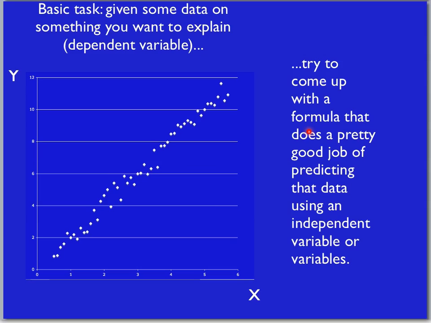So for instance, suppose we've got some data about our dependent variable y and the different values of x that go with each value of the dependent variable y. Can we come up with a formula that explains y in terms of x?